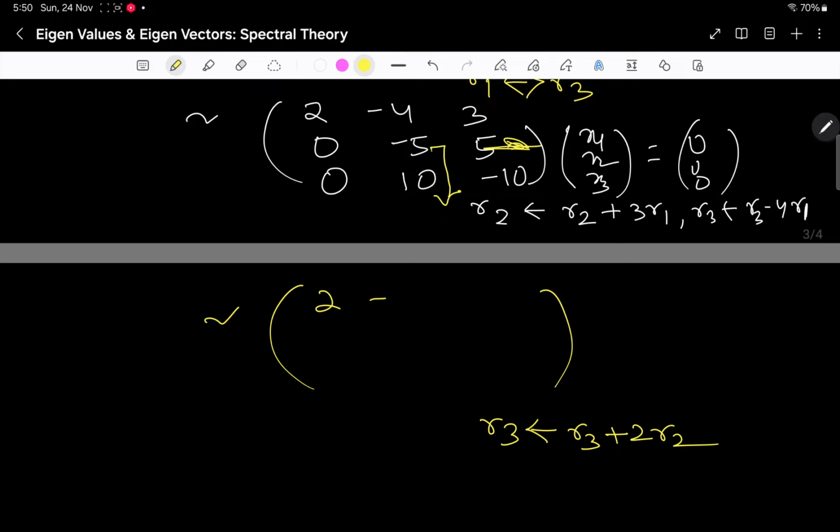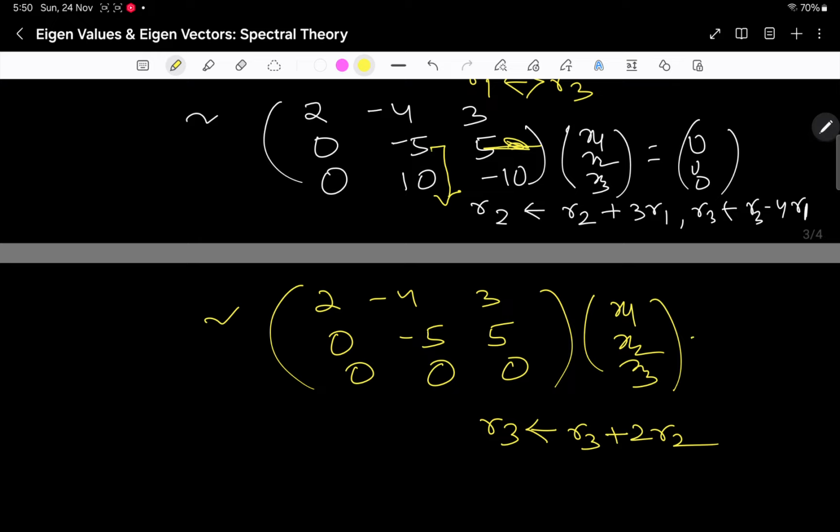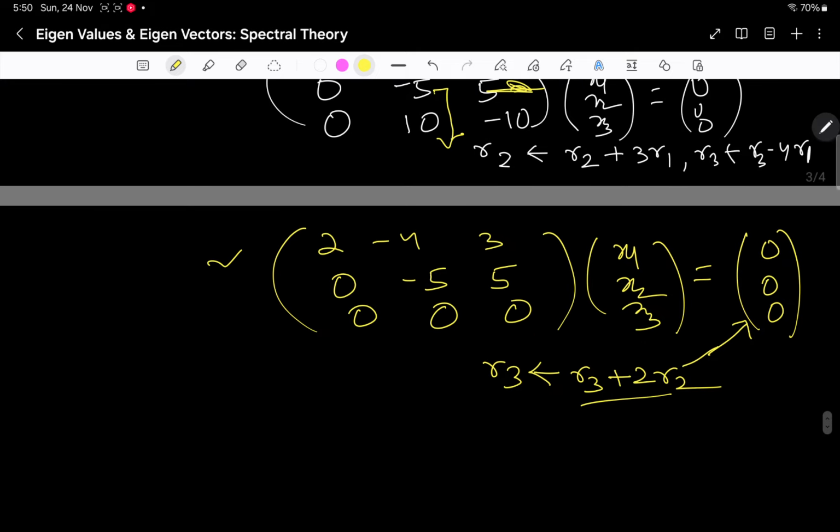So this is 2, -4, 3, and 0, -5, 5, and 0, 0, 0, and this remains the same, x1, x2, x3. This operation will also give you the same thing, since the right hand side is not going to change. Now we are ready to solve it.